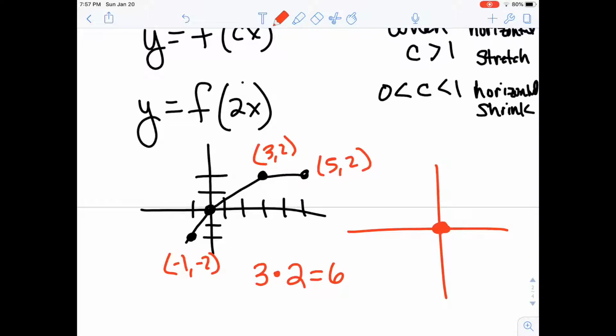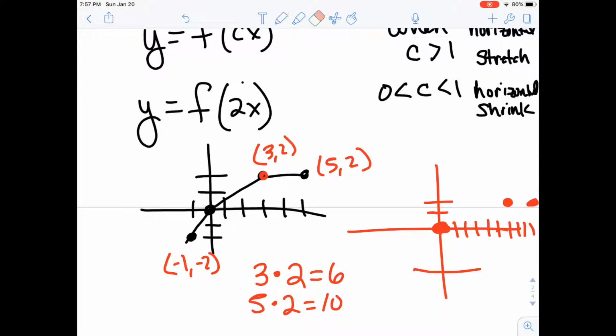So this point goes out 1, 2, 3, 4, 5, 6. And then this point 5, so 5 times 2, which is 10. So 6, 7, 8, 9, 10. So it's way out here, right?